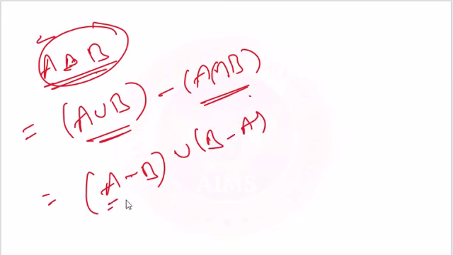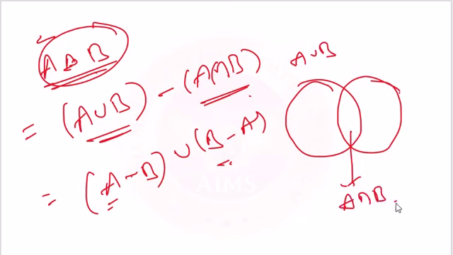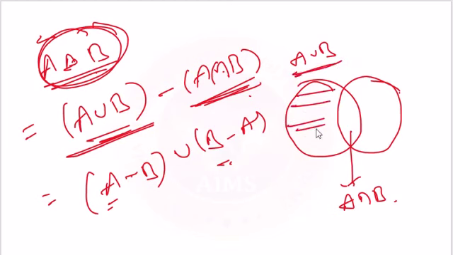It means only A, only B. If you have set A here and set B here, A union B means the complete set. The middle part belongs to A intersection B. So A delta B means from A union B we have to subtract A intersection B, that is, we remove the middle part.